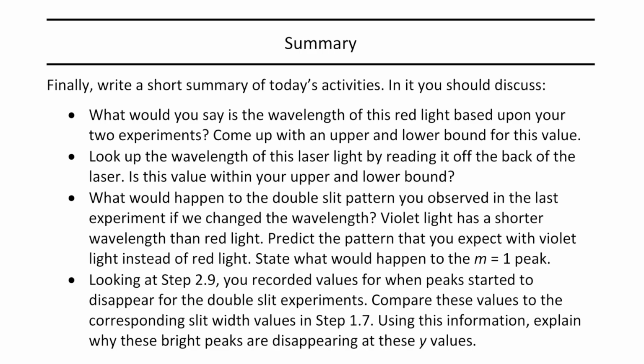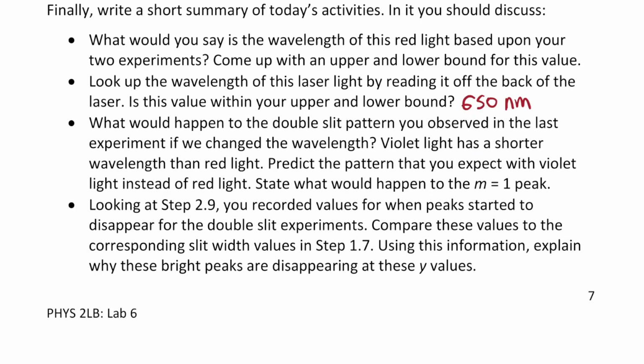You could choose the lowest and highest value you got, or you could choose the mean plus or minus 1 standard deviation or something. There are a lot of ways you can come up with an upper and lower bound. And then the wavelength of the light ended up being 650 nanometers. You could read that off the back of the laser, and so you could just check if that's within your upper and lower bound.